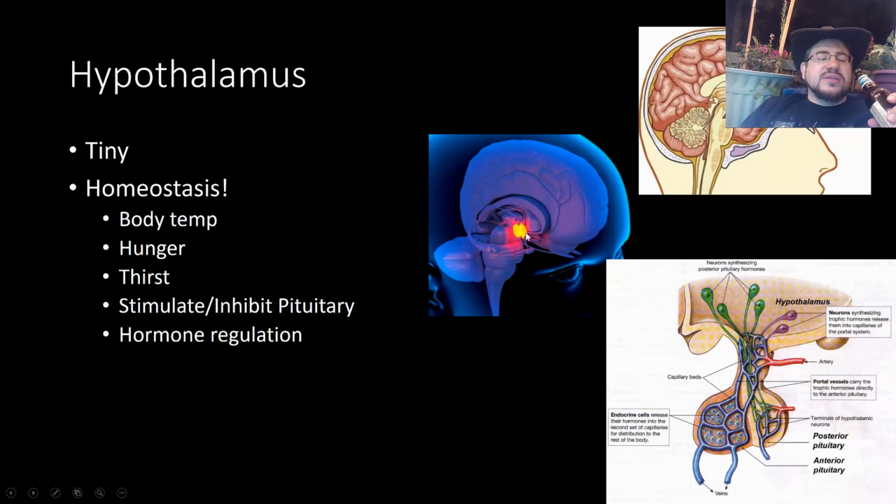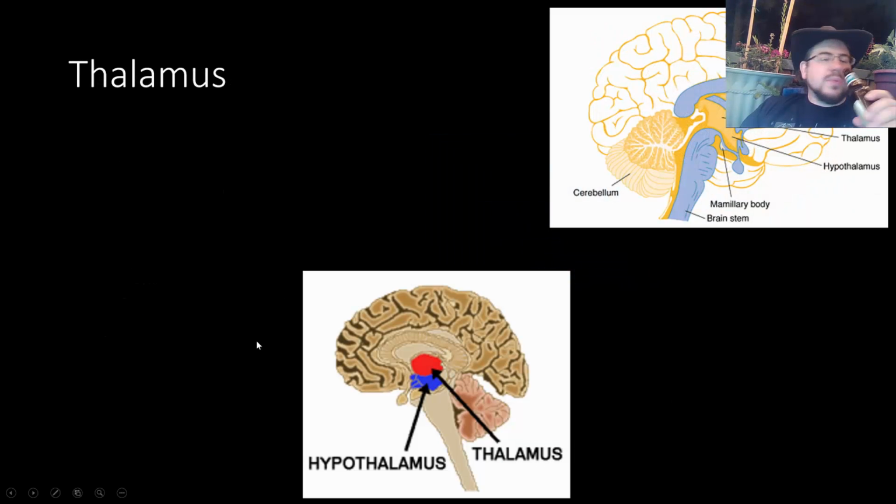And it does all this through regulation of various body hormones. Remember, a hormone is any chemical that can provoke a response in the central nervous system. So, the hypothalamus will take in sensory information and process it and take action from there, send out responses.